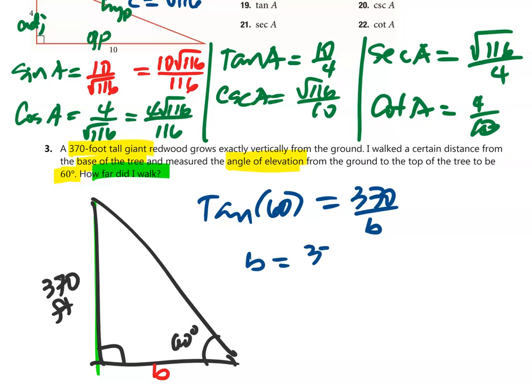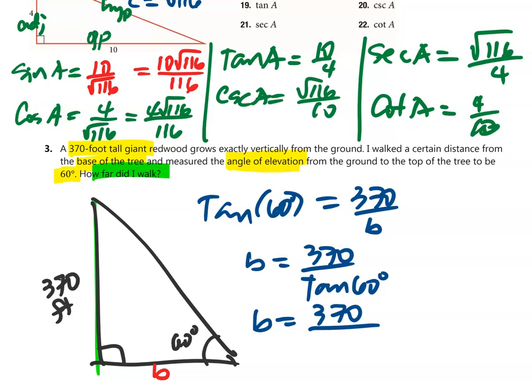Then we can solve for B. B is equal to 370 over tangent of 60 degrees. And what is tangent of 60 degrees? Yes, that is square root of 3. And we can rationalize this again by multiplying by square root of 3 over square root of 3.